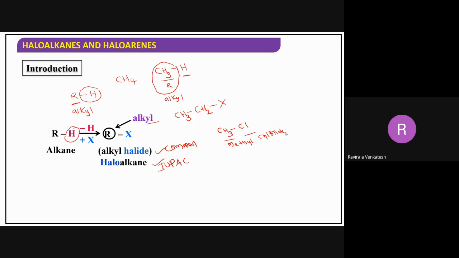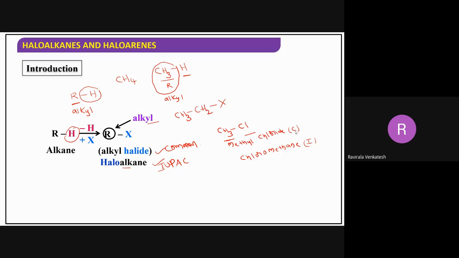But you don't call it chlorine. Halo means chloro, fluoro, bromo, iodo. So I have to call it chloro here, right? How many carbons are there? Only one carbon, so I put meth. Single bonds are there, so ane: methane. So chloromethane is the IUPAC nomenclature, and the common name is methyl chloride. These are very simple nomenclatures I have taken.